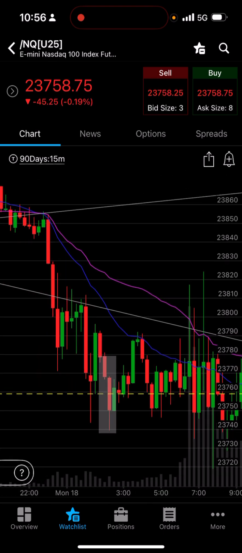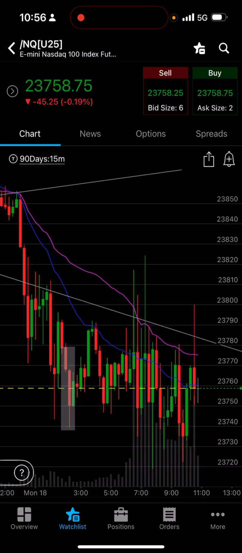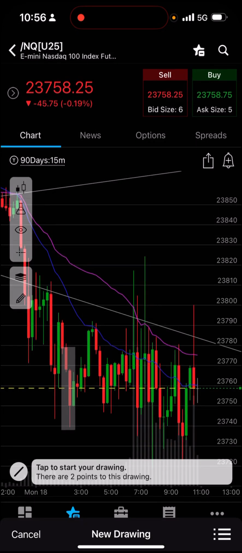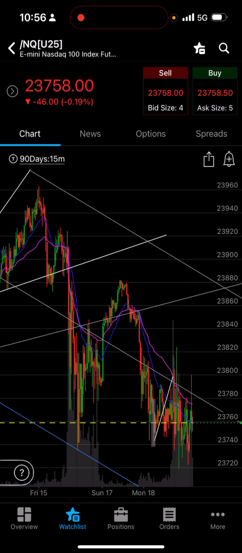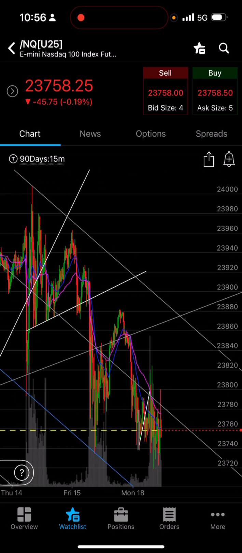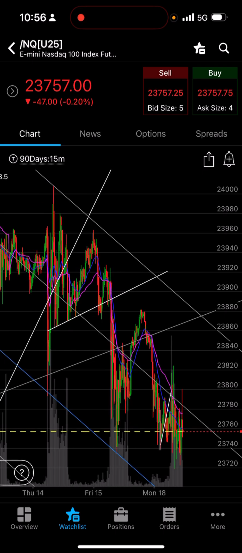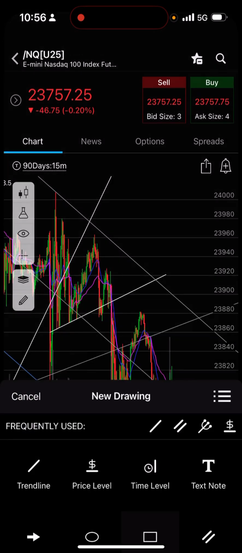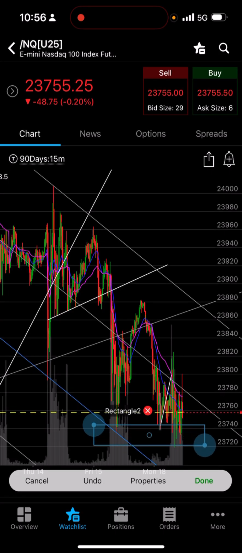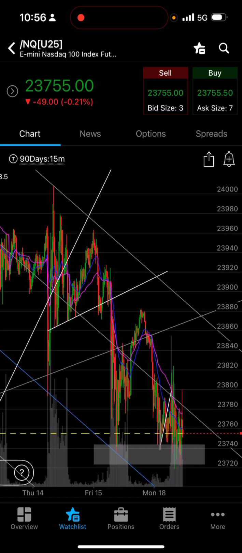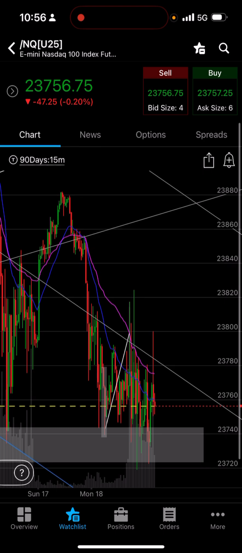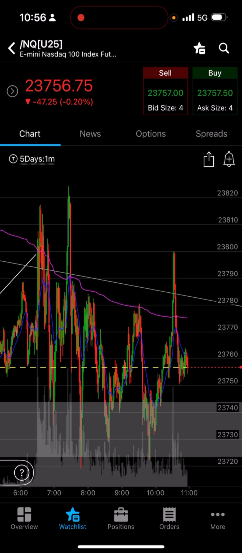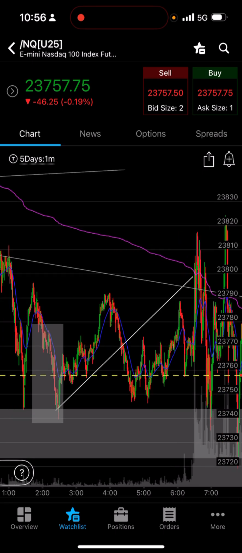And I took that trade with one contract on my PA accounts, expecting a bounce to the 800 area. My thesis was basically, since we bounced at that 740 zone here, there was demand there, and we had a consolidation on the smaller time frame, which is 1 minute.